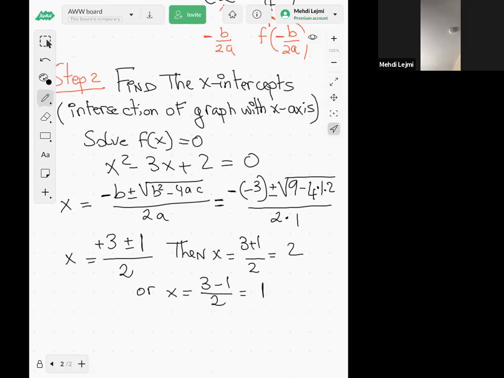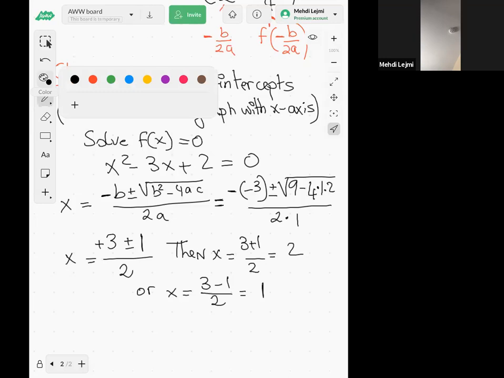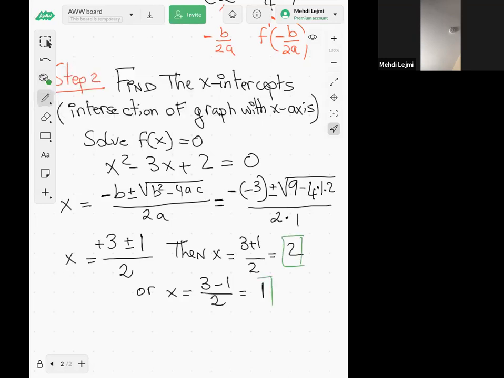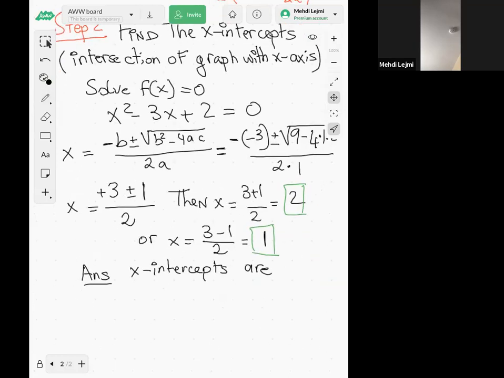Okay, so what I am saying is here we got two solutions, positive 2 and positive 1. All right, so the answer here for the x-intercepts, remember guys, the notation should be the points notation. So the x-intercepts are, first solution is 2, so it's going to be 2, 0.